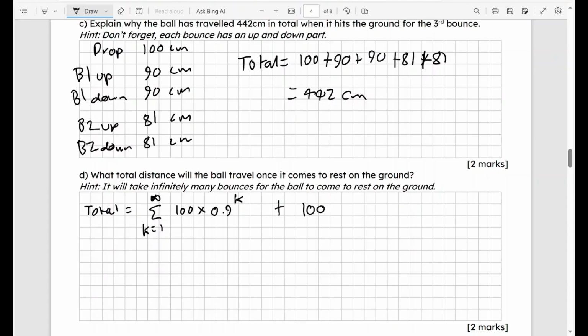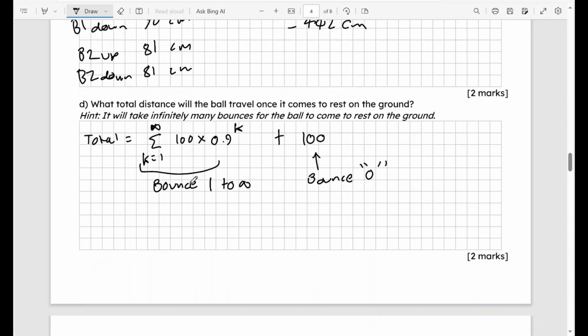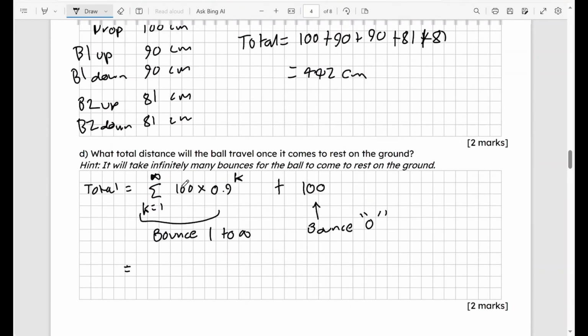So this will be bounce 1 through to infinity. And then this one here will be bounce 0, so to speak, because it's before the ball lands on the ground. All right, so this one here is going to be, let's see, T1 is 90.